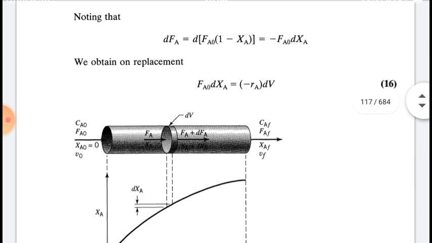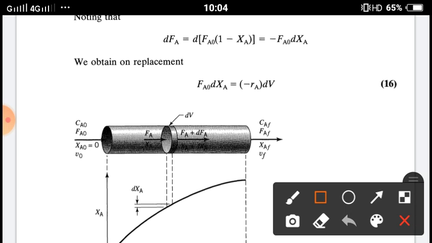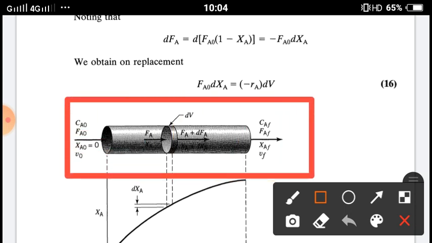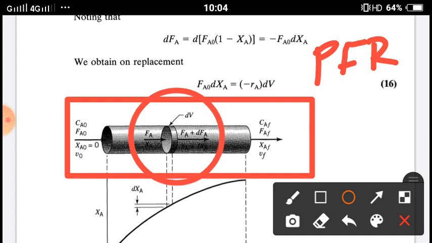As you can see over here, this is the figure of a PFR. We are taking a small cell over here which has a volume of dV, and the length is dl.